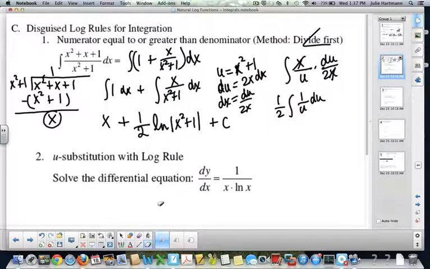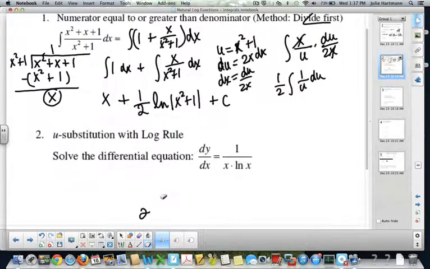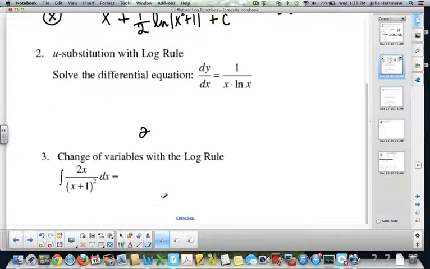Okay, now this next one, use substitution with the log rule. So same thing here. We have x times ln of x dy equals dx.